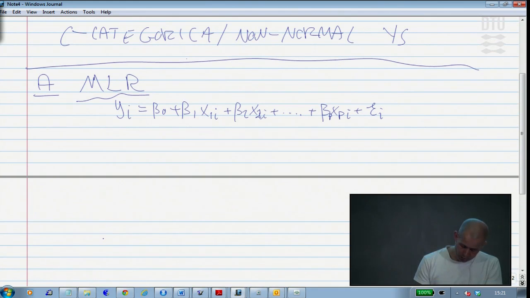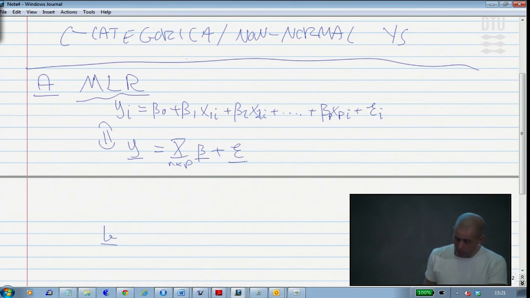The first thing would be to try to find out how to compute all the b's. Such a model can actually be put into matrix vector form like this, in which we have an n by p matrix, which we would very often call a design matrix. We would have a vector of unknown betas, and we will have a vector of residuals like this. Having put this into matrix vector form, there is a general way, and the least squares regression estimation can be solved also in this multiple x case, in this multidimensional case.